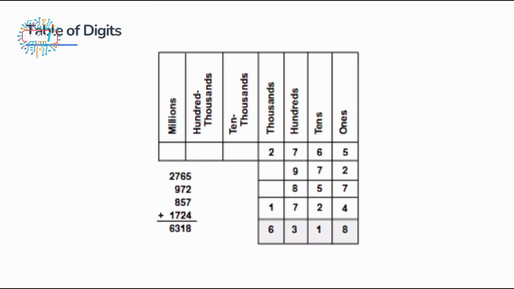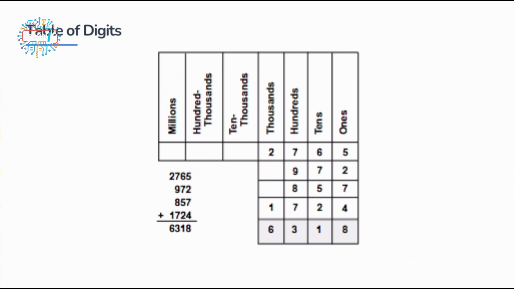Another thing that I mentioned was the table of digits. It means that each of those numbers, based on the unit they are in, has a value that you may remember as place value.